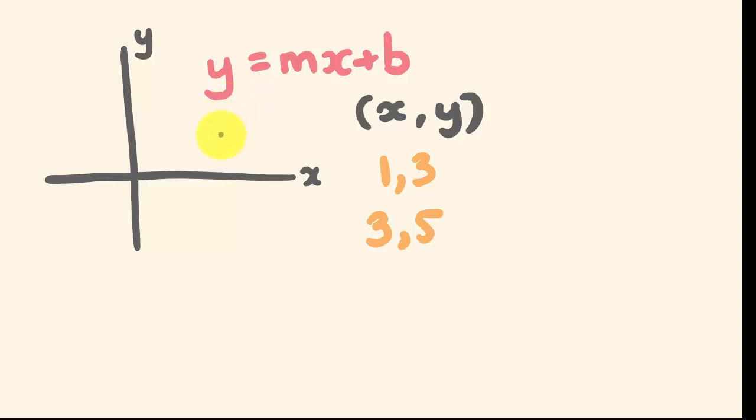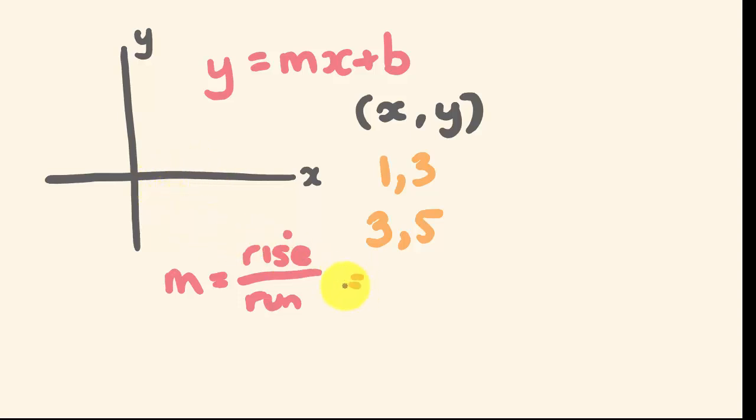So the easiest way to do this, the first thing we do is work out the gradient, this m value, to see what that equals. Now first off, you may know the formula for the gradient, which is pretty much the rise over the run. That is to say, how far do we go up as we go across?